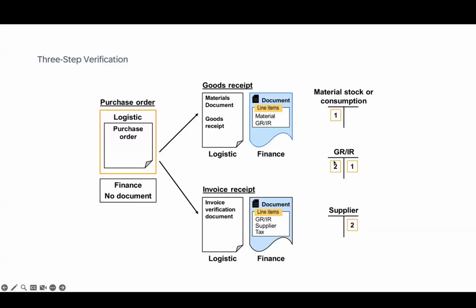So what we arrive at is a situation where we have 1,100 on this side of the IR. So the IR side coming in 1,100, the GR side is coming in at 1,000. There's a difference in here. So essentially we clear this difference at month end when we do a GRIR clearing run. It would go through, it would analyze this initial posting, where did that go to? And it would, depending on a number of factors, try and post across there.